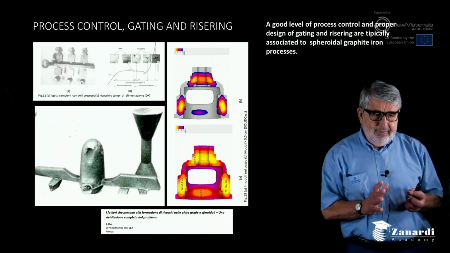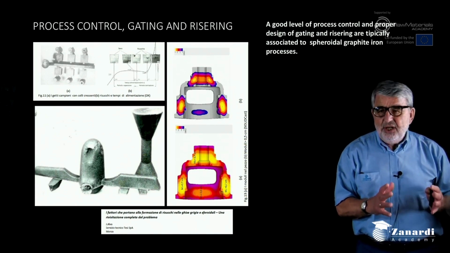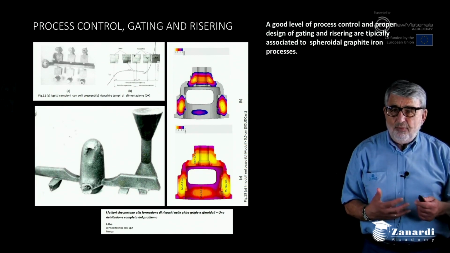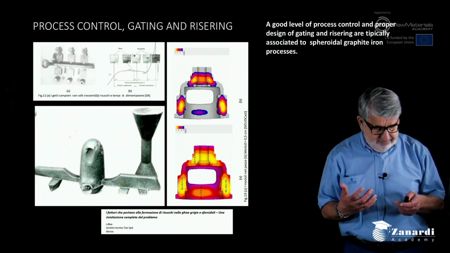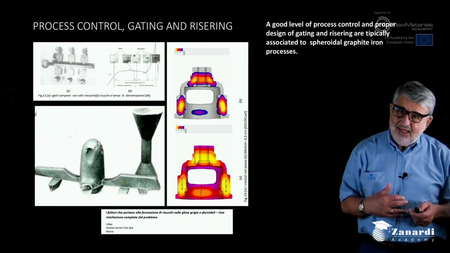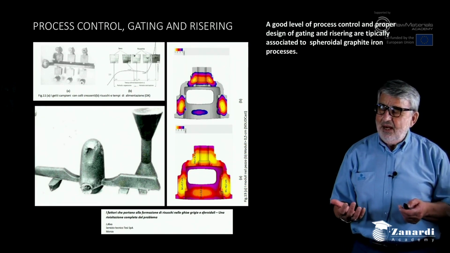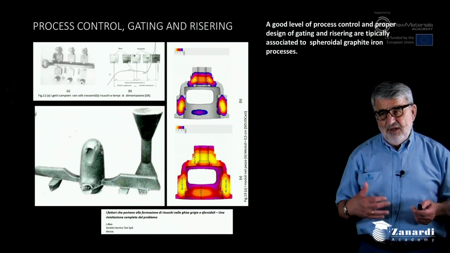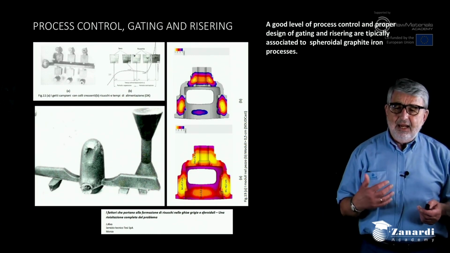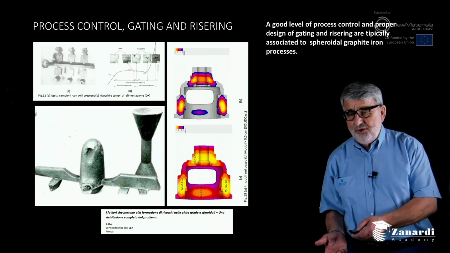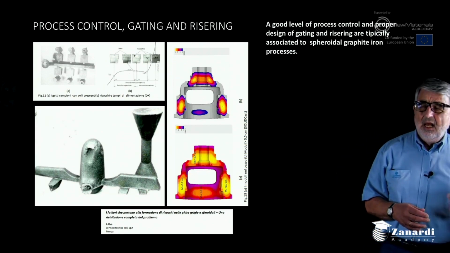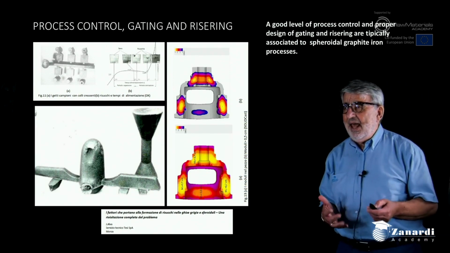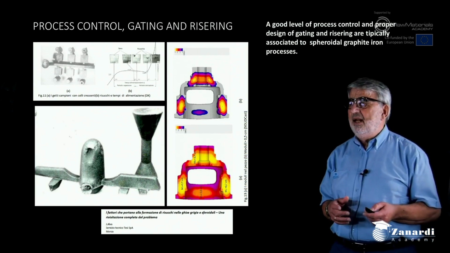So the mold engineering, the mold layout, must be more professional for ductile iron castings than happens with lamellar graphite iron, for this reason of slag entrapment and for avoiding porosity, but also associated to the higher mechanical properties that spheroidal graphite iron has with respect to lamellar graphite.